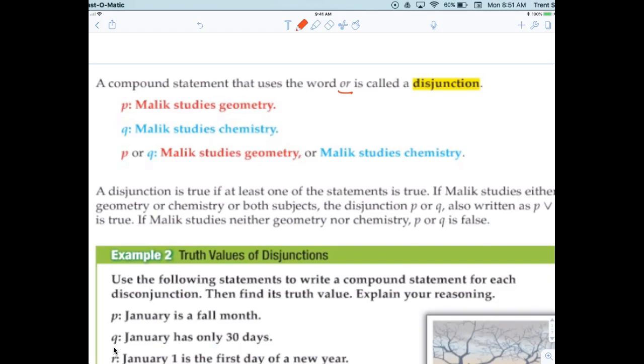If both are false, then it's false. If one is true, then it's automatically true. This symbol is or. You with me on that? Trust me, I have no idea why they use the symbols.